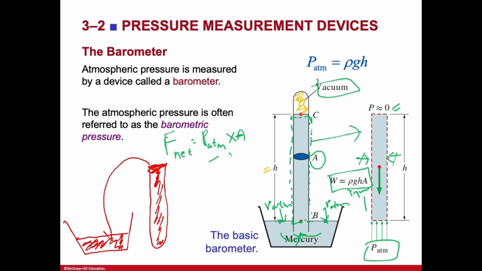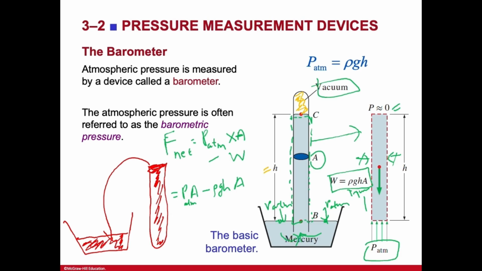Weight acts in the negative direction, so you have minus W. Rewriting, it's P atmosphere times area minus rho G H area. That is the net force acting.